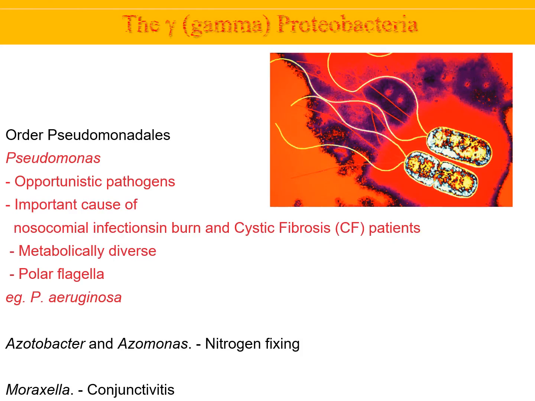These are gammas. Pseudomonas. A very commonly occurring member of the genus Pseudomonas is Pseudomonas aeruginosa. It is pretty much everywhere.